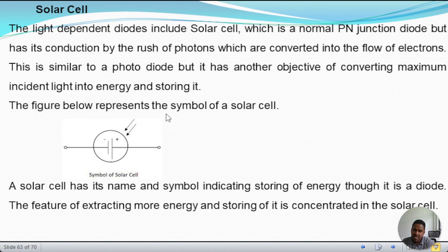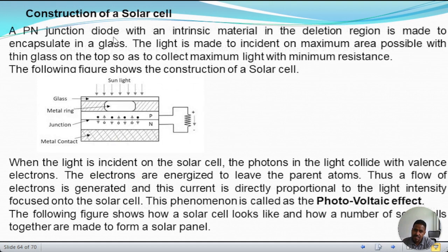The figure below represents the symbol of the solar cell. A solar cell has its name and symbol indicating storing of energy, the feature of extracting more energy and storing it concentrated in the solar cell.